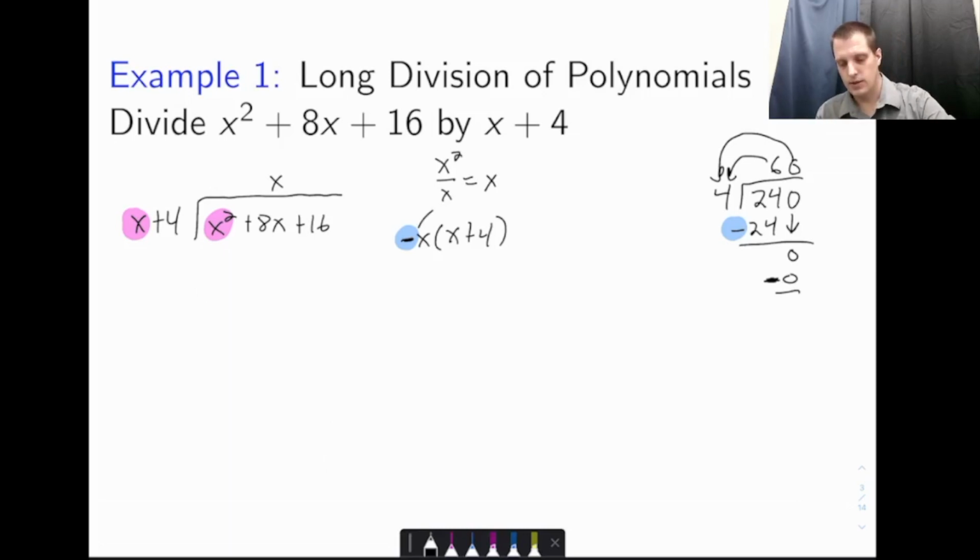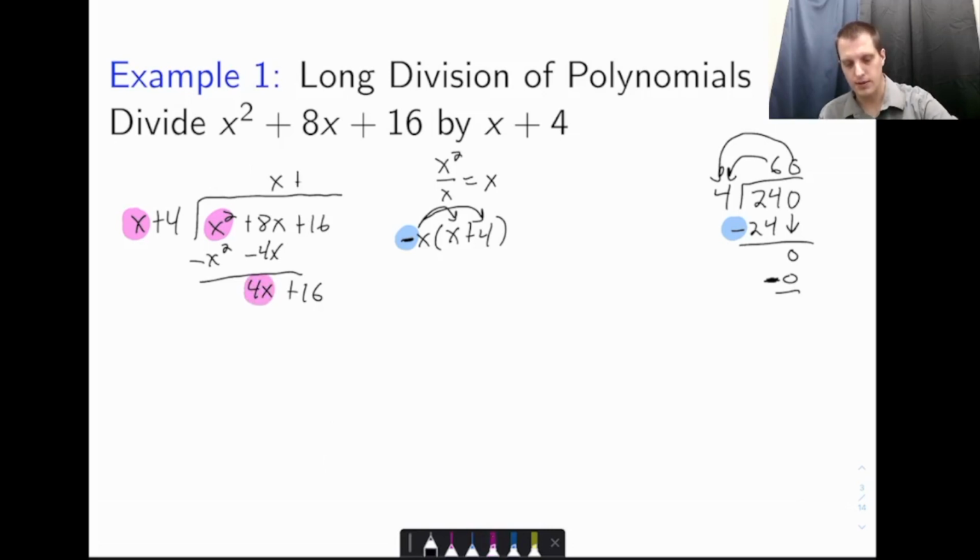And yeah, so here we're going to get negative x times x, which is a negative x squared. They're going to cancel. Looks good. Negative x times 4 gives us a minus 4x, which gives us just a 4x plus 16. And we do it again. We see how many times does our x, in this case this x right here, go into 4x. And hopefully we can see that it just goes in 4 times.